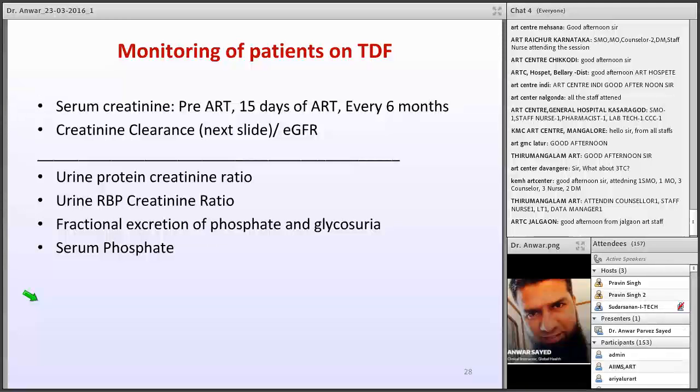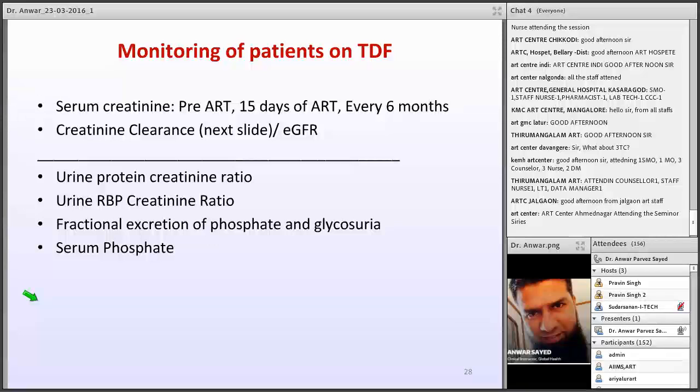But it is not preventing you from seeing the other investigations whenever it is required or applicable. That needs to be done even though it is not in the guideline, because serum creatinine is one of the most important tests that need to be done. But the other investigations are very much applicable whenever indicated.